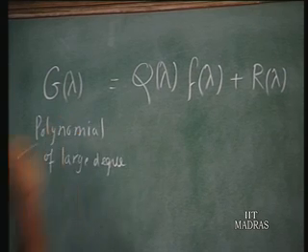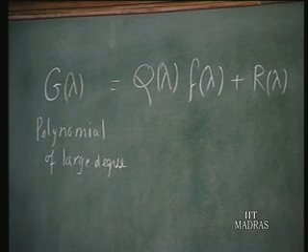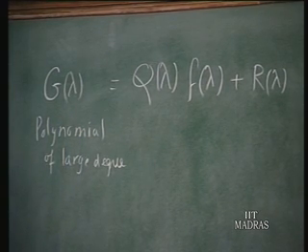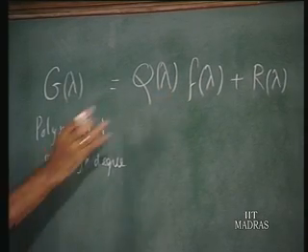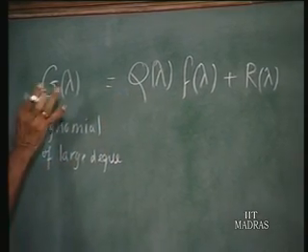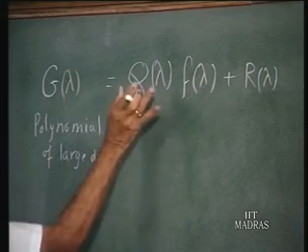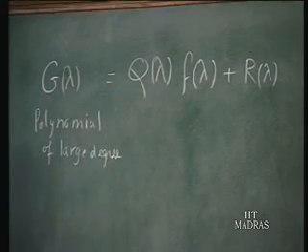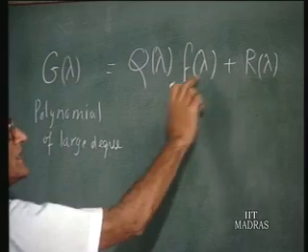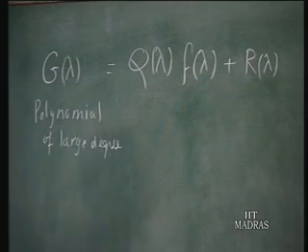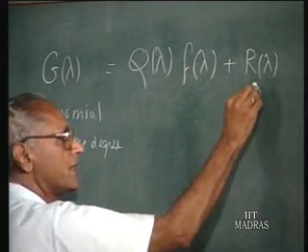That means this is a polynomial of very large degree, and you divide f lambda into that, then you have a quotient polynomial. If this is of degree 64 and f is degree 4, then the quotient will be of degree 60, and the residual polynomial is what is left, of degree n minus 1 if f is of degree n.